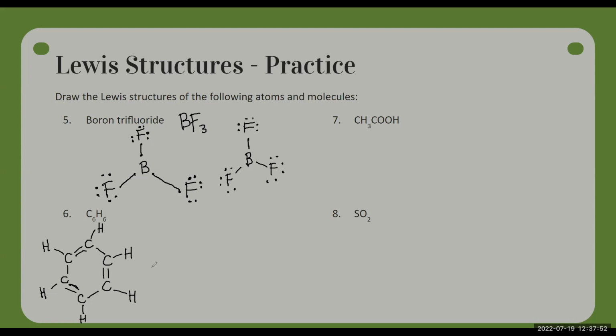There are certainly more. For example, I could draw a non-circular or non-cyclic compound. So I can draw something like 6 carbons in a row. And remember that each carbon has a total of 4 possible bonds.